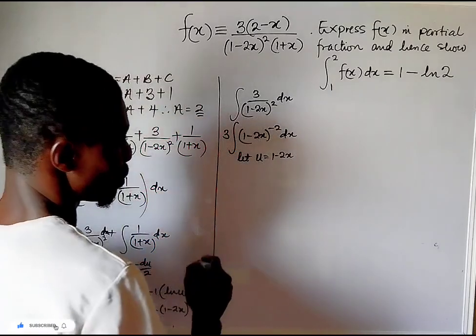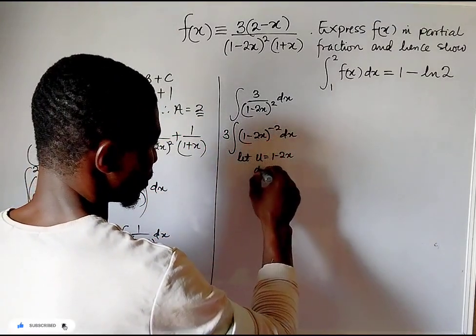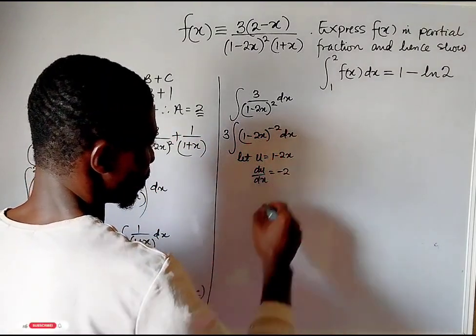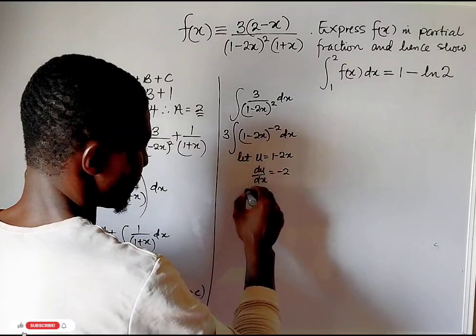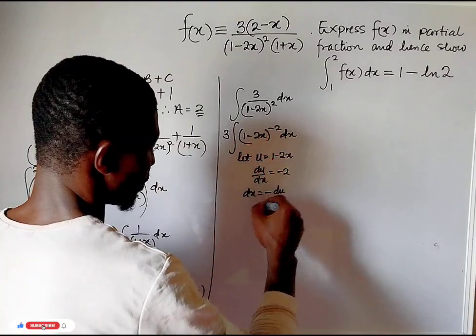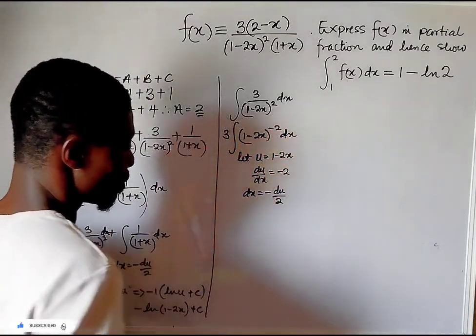So du dx, we have minus 2, and dx will now give us minus du all over 2.